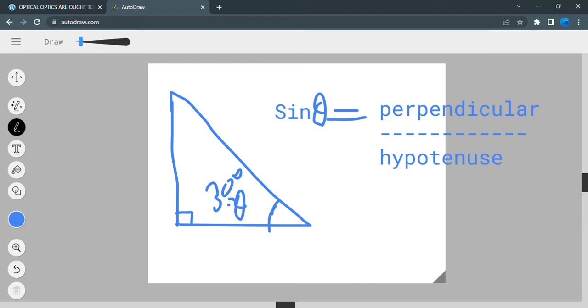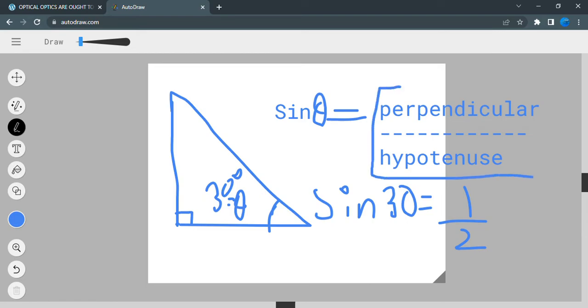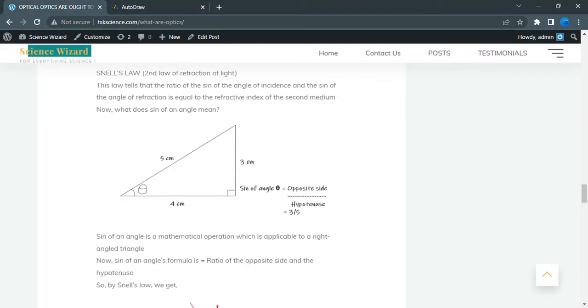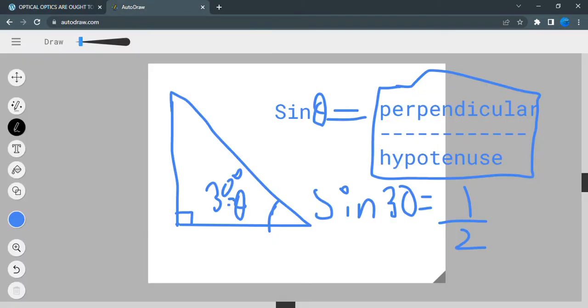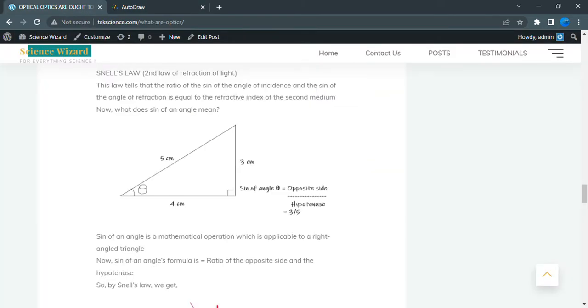We will have to remember those values, and I will also be telling a short trick for remembering them. Sine 30 is equal to 1 by 2. Now what does this mean? This means that the ratio of the perpendicular and the hypotenuse is 1:2, which means the hypotenuse is twice the length of the perpendicular here.